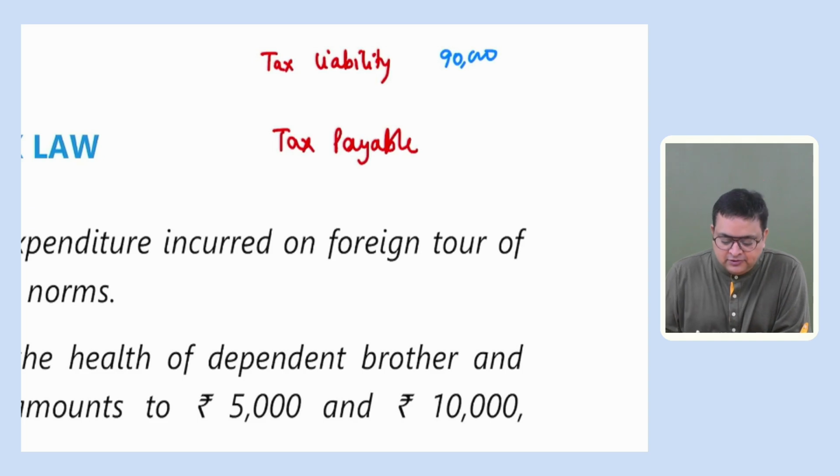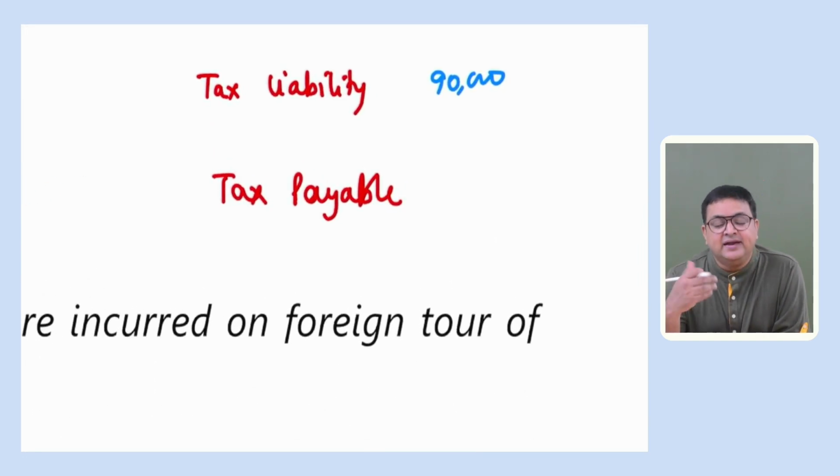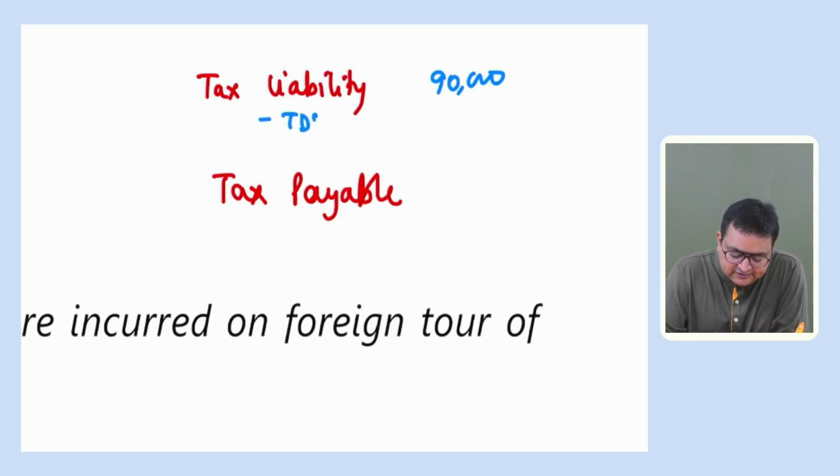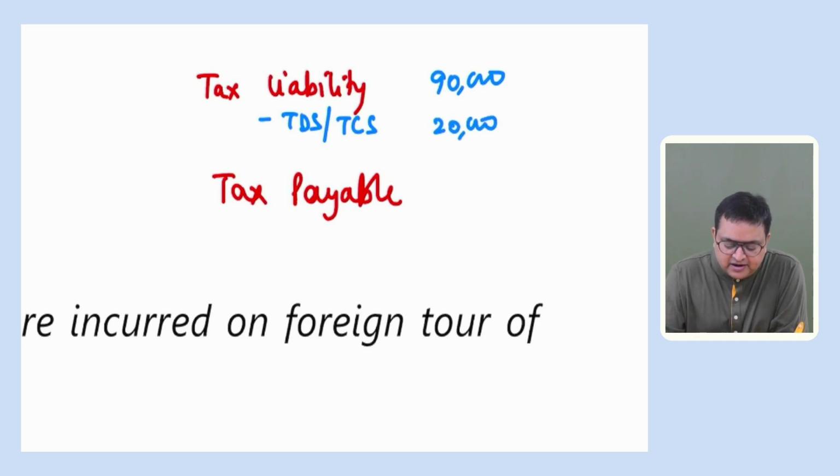Correct? If you have paid anything out of this tax liability by way of, let's say, advance tax, or your TDS was deducted or your TCS was collected, then you have to take a credit of that. So let's say 20,000 rupees has been deducted by way of TDS or TCS, and you have also paid advance tax of rupees 30,000.